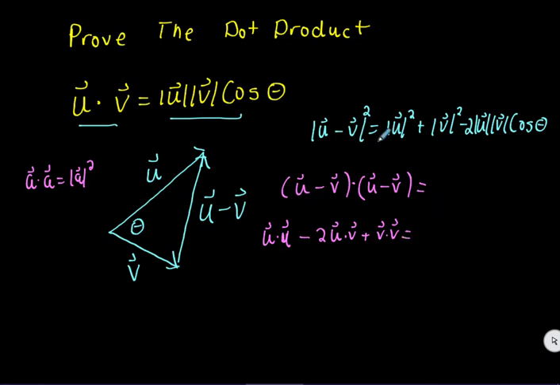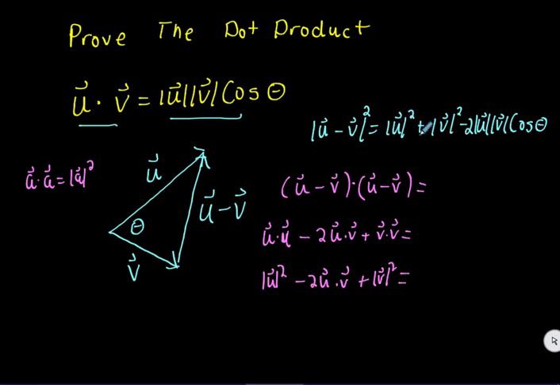Moving on, we can use this property again: a vector dotted with itself is the magnitude of that vector squared. So this is going to be the magnitude of u squared, minus 2 u dot v, plus the magnitude of vector v squared.